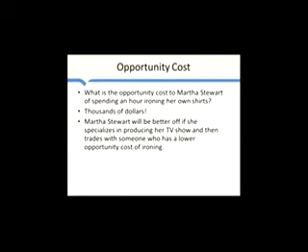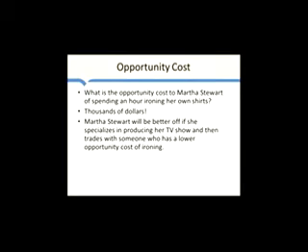It doesn't make sense for Martha Stewart to iron her own shirts because the cost of her doing so is devoting her time to something where she's even more valuable, where she's even better, and that is producing her own television show. So Martha Stewart has a comparative advantage in running her business.